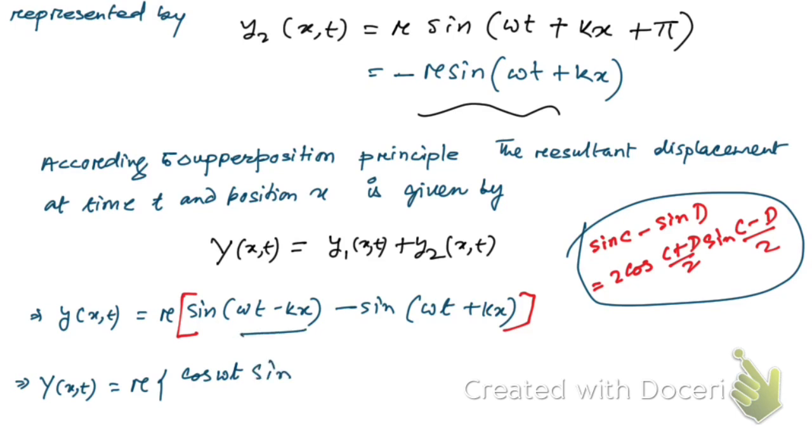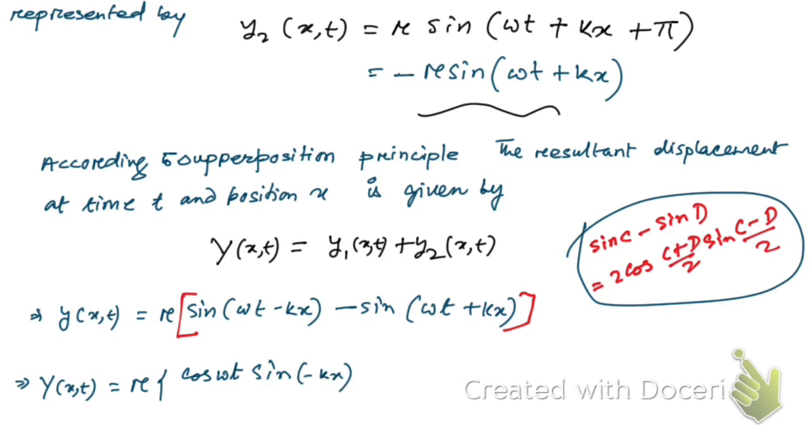If you subtract these two, that means omega t minus kx minus omega t plus kx, divided by 2, then on removing this bracket, this plus sign will be minus. Omega t minus omega t is gone, minus kx minus kx is minus 2kx, the 2 cancels, and we get sine of minus kx.